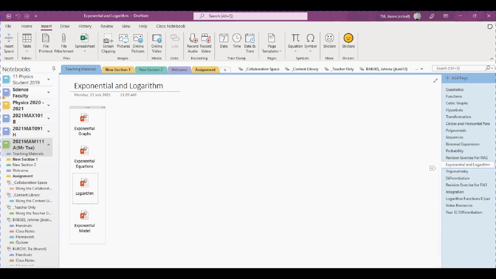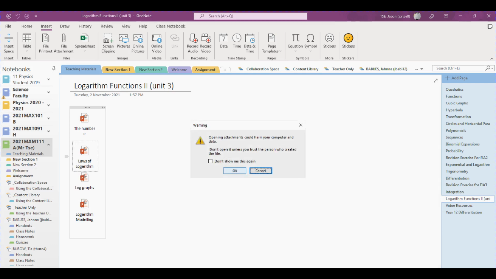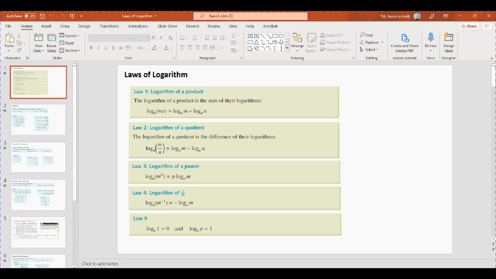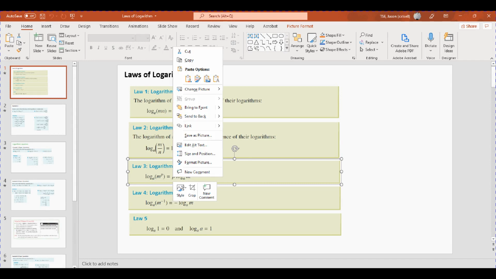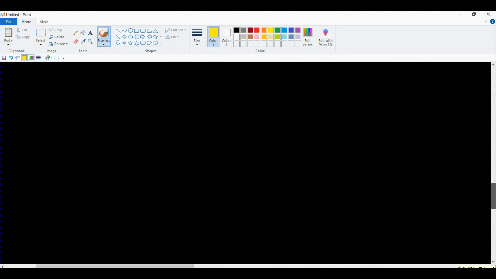But when you come to Unit 3, which we learned in term 4 of last year, you see the laws of logarithm. If you click that, you see the variety of functions. That's law number 3. Let me copy it to show you how it works.